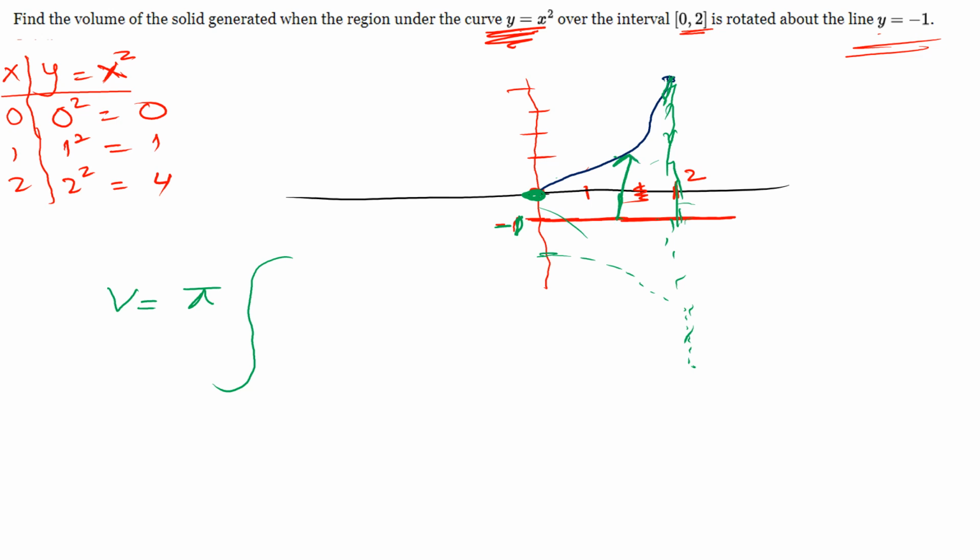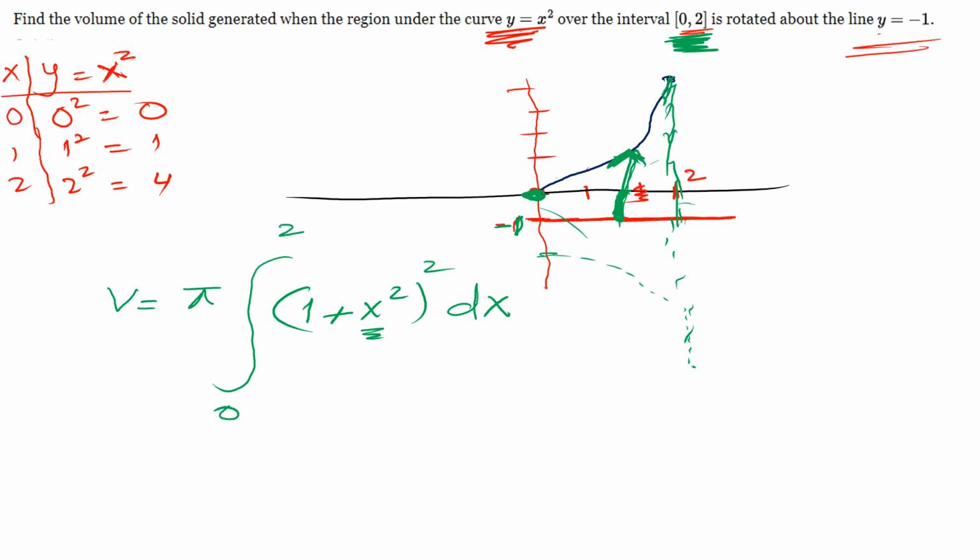From here till here, it is 1, right? The distance from negative 1 till 0 is 1. And then all the way to the graph is x squared. So what is the total distance it will cover? It will cover (1 plus x squared) whole power 2. Since it is x squared, you will write dx. Now the limits will be from 0 till 2.